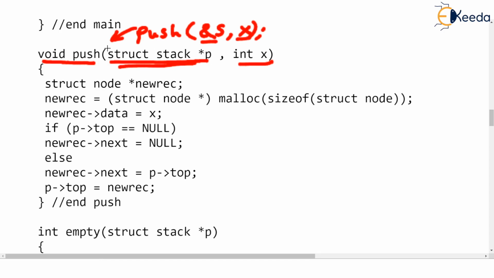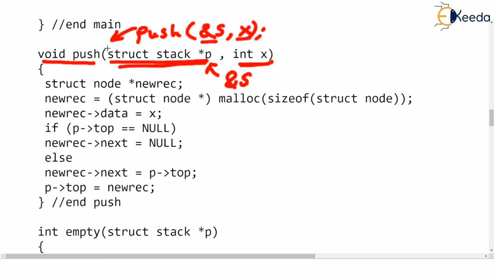And check the very first parameter. The very first parameter is a pointer, because this pointer p is going to receive address of S. Yes, and you know that only pointers can receive and store an address. But which type of address is this? Whose address is this storing?